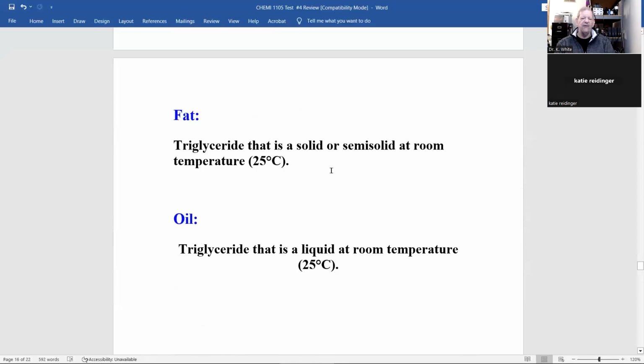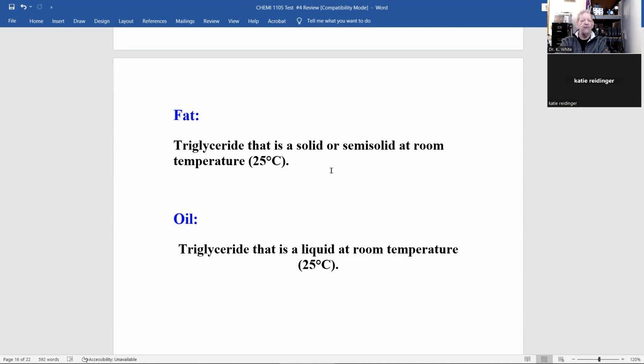All right, now I talked about some things in the real world. What's a fat? It's a triglyceride that's a solid or semi-solid at room temperature. This is the industry I worked in. What's an oil? It's a triglyceride that's a liquid at room temperature.